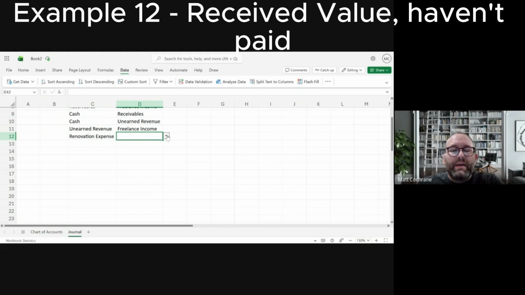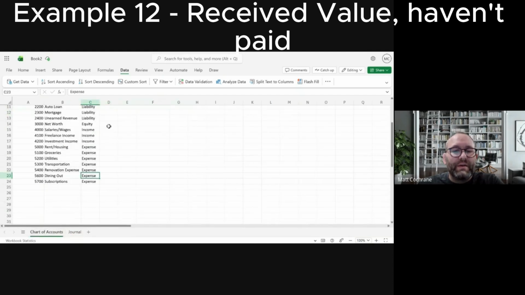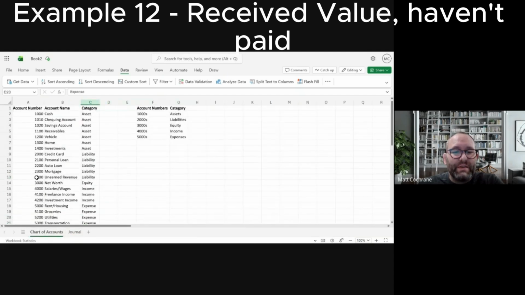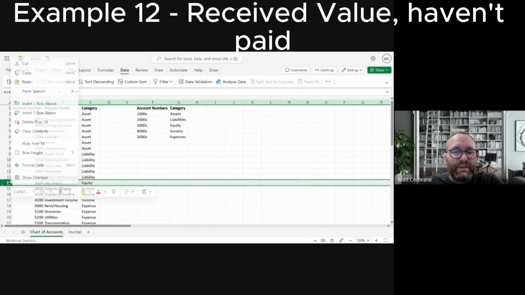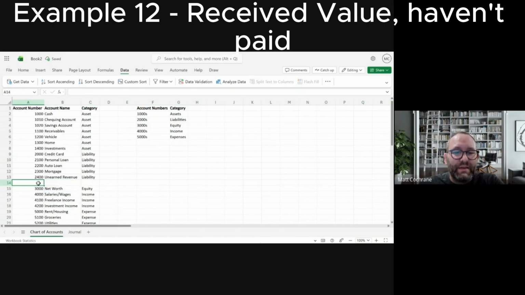Okay, and then we have to add a payable because we don't yet have that as an option for our liability. So come back over here to our liabilities. We're going to insert this above here. So 2,500 accounts payable, liability.